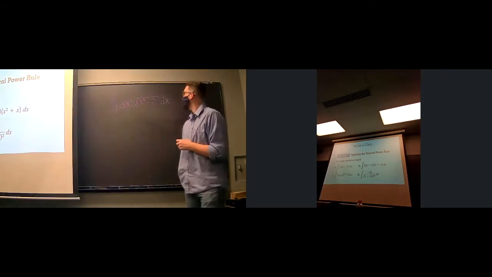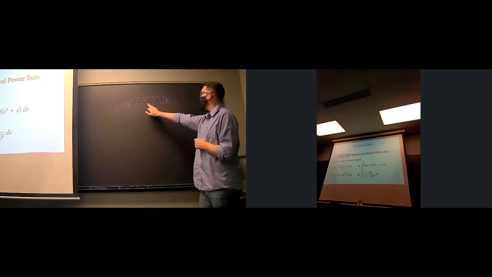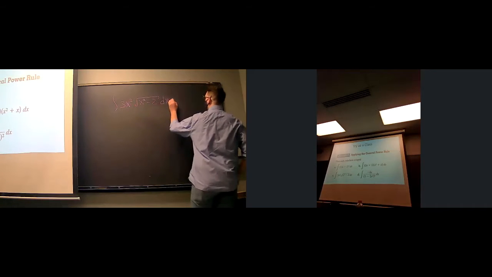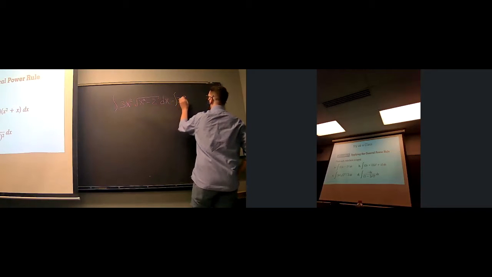Now, to do this problem, let's start by rewriting this entire integral so that the square root is a power. 3x squared, the quantity x cubed minus 2, all raised to the 1/2 power, dx.